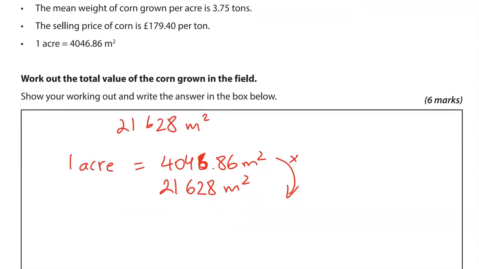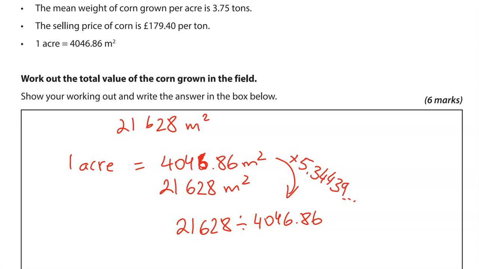So I'm going to do 21,628 divided by 4,046.86, which is 5.34439 and so on. So that is how many acres there are.